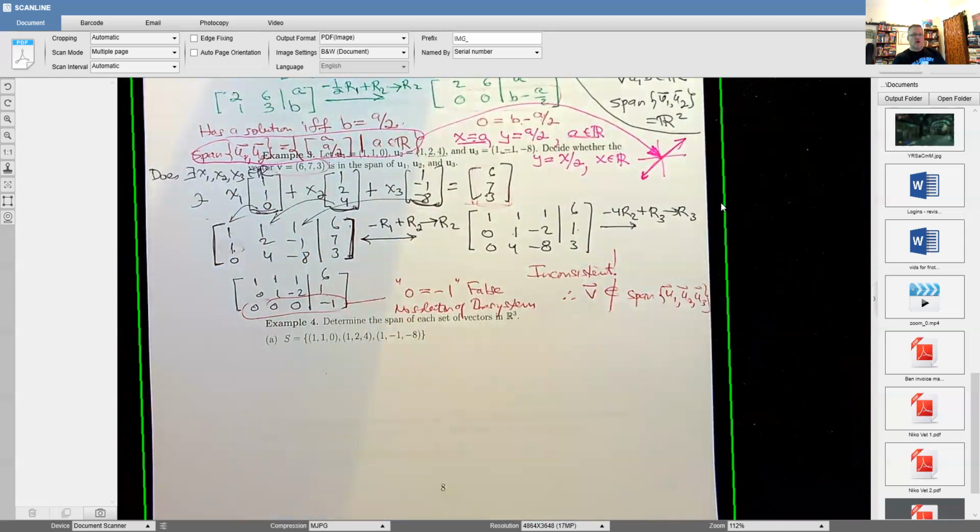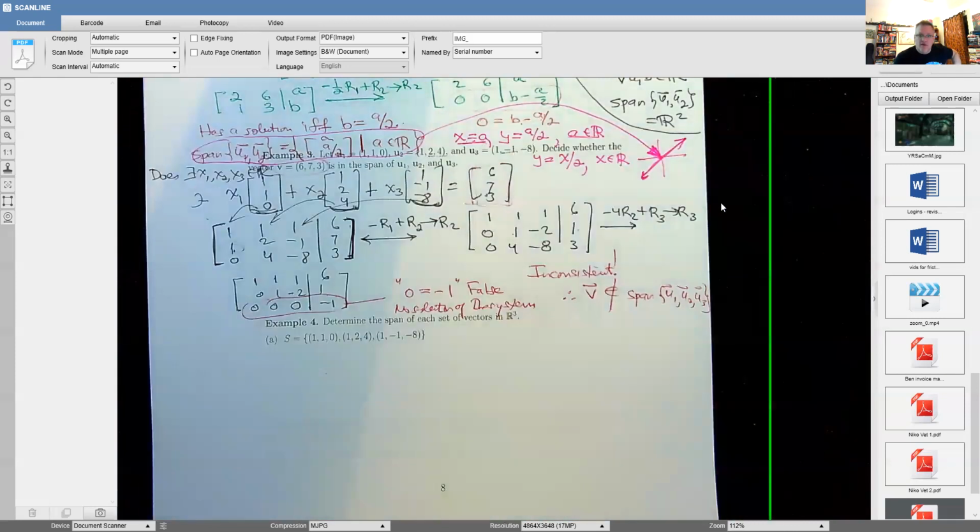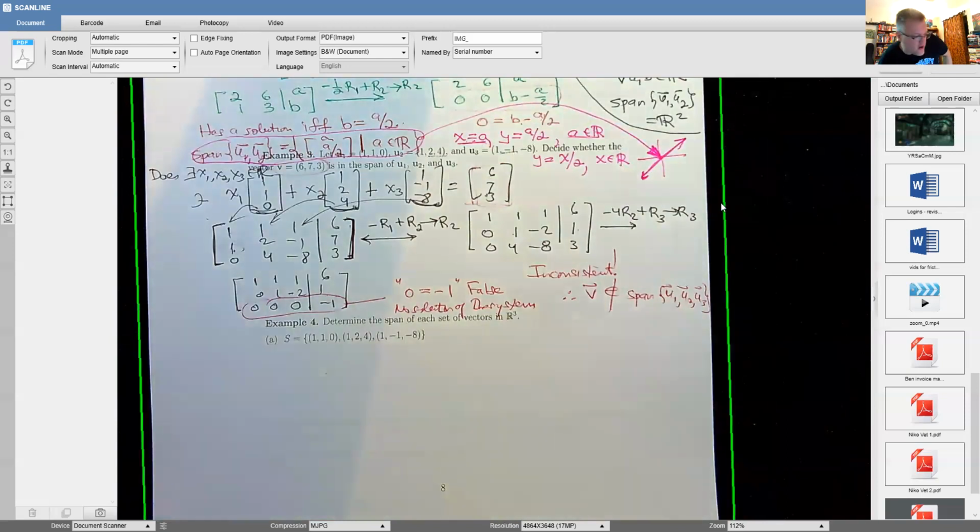If you're doing it in general, if you're trying to find the span of three vectors, then you're trying to determine if there are any conditions on the components of the vectors that are in the span. If there aren't, if the system has a solution for all choices of those components, then they'll span all of the space.